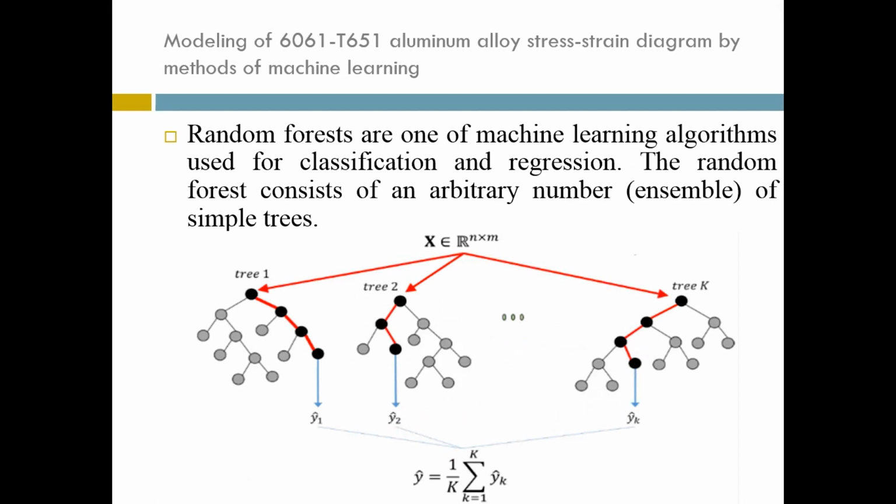In particular, the algorithm constructs a set of decision trees and combines the results of their predictions. An important element is randomness in the creation of each tree. If you create many identical trees, the result will be the accuracy of one tree.